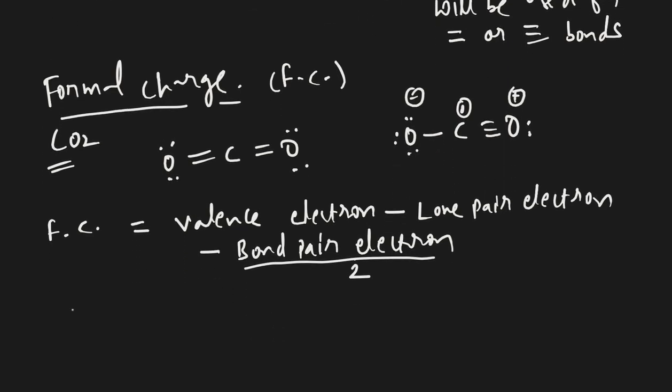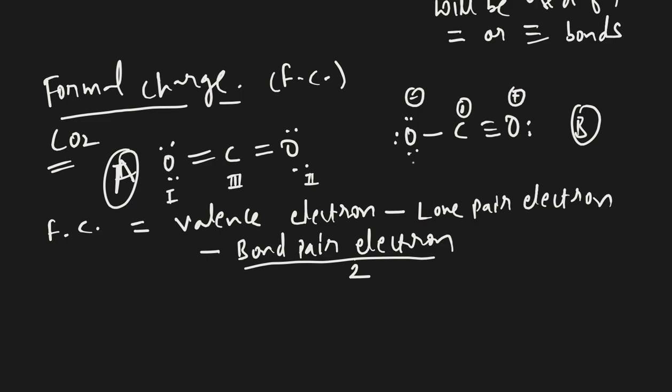Okay, so let's say we do this for A. This is A, this is B. And if I have to calculate the charge on each individual atom, I'm giving this term 1, this is 2, this is 3.